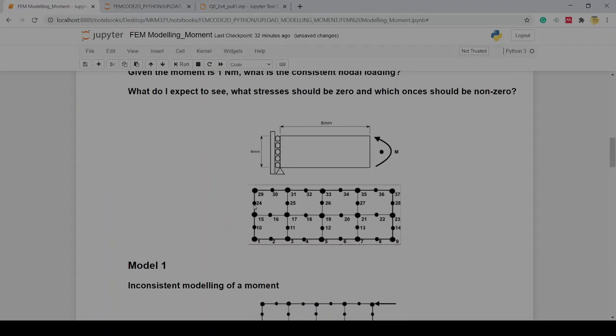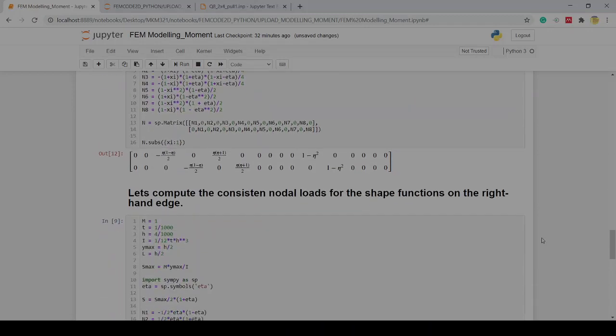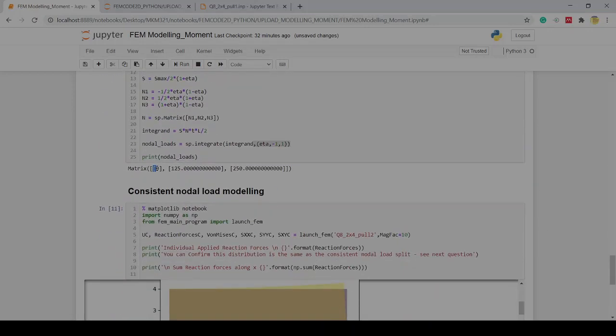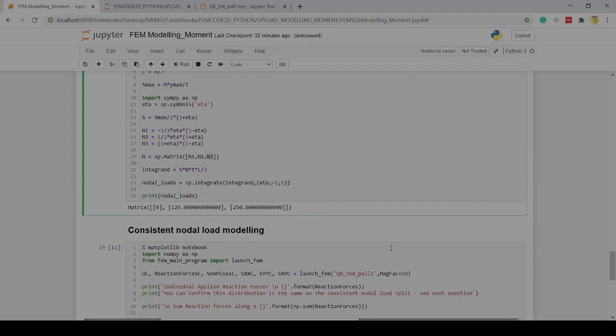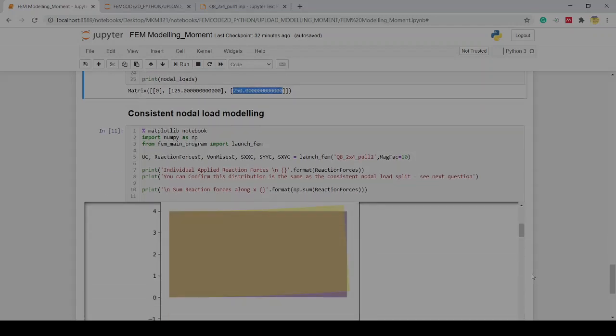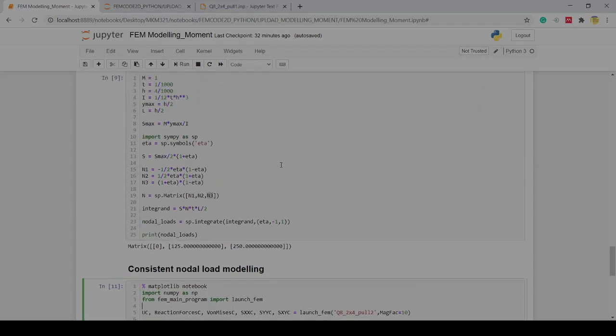We can check that indeed it's 0, 125, 250, and 250 here is the mid side because of the numbering that I used. So 0, 125 for the outermost one, N2, and N3 is the mid side, that's 250. That's an easy way to check that things are hunky-dory. So that all makes sense. And now let's quickly run this, where we now apply this consistent load over each of the elements.